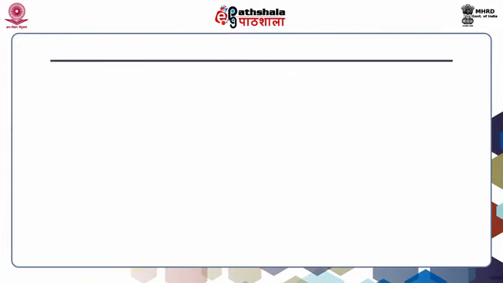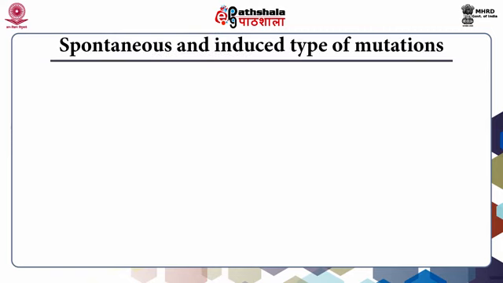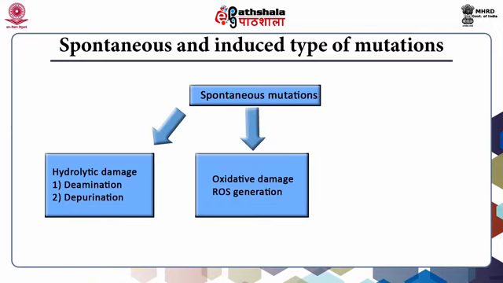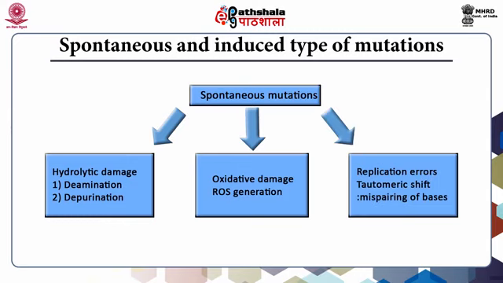Then comes the second type of mutation, the spontaneous mutations. Spontaneous mutation can be categorized in three categories: hydrolytic damage, wherein deamination or depurination occurs; the oxidative damage, which is very commonly caused by reactive oxygen species generation; and the third type, replication errors or tautomeric shift, that is causing mispairing of bases.